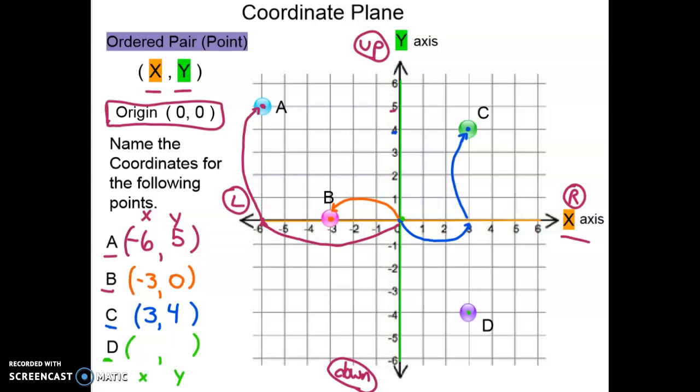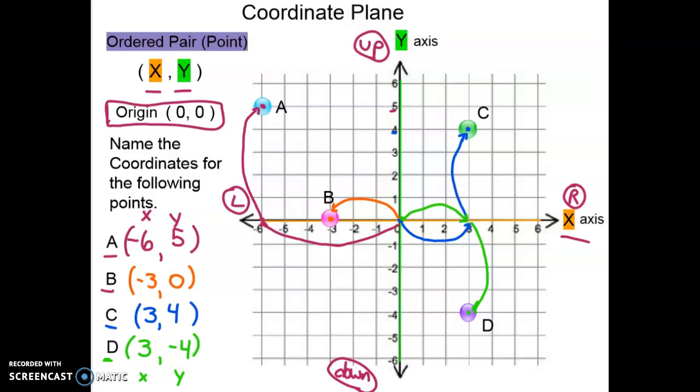We have to go to the right for this one. To get lined up with that, we have to go to the +3 again. So this is going to be a +3. In my y direction, my up or down, I have to go down this time, so I'm going down to the -4. So my second set of directions is going to be -4. So that is the point 3, -4.